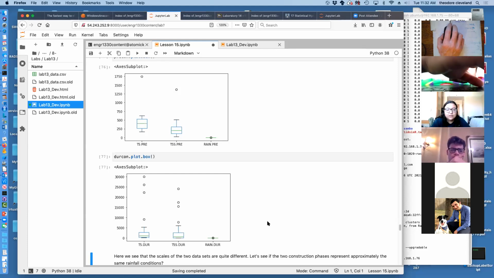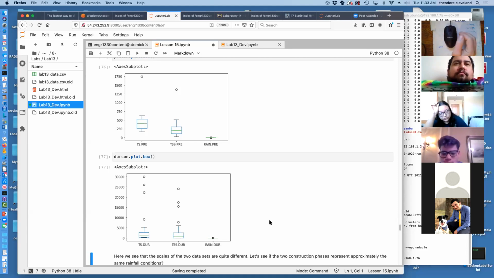More dots. Yeah, look at the up-down axis. The during construction up-down axis is at least 10 times larger in the same range as the pre-construction. So these numbers are all bigger just to start out with.